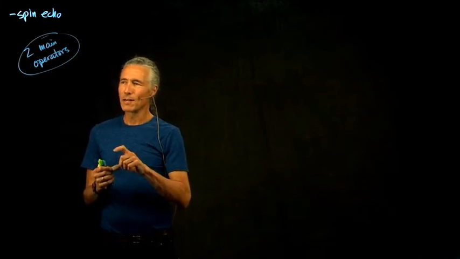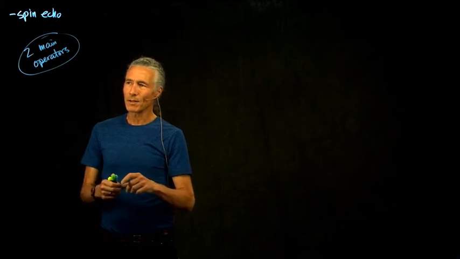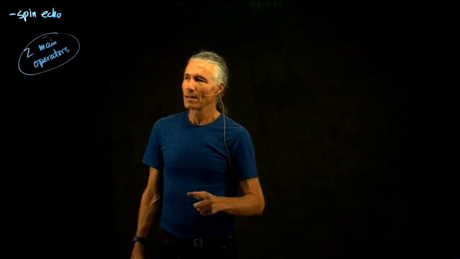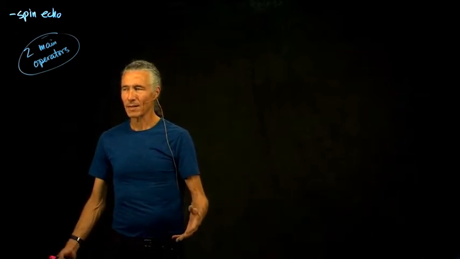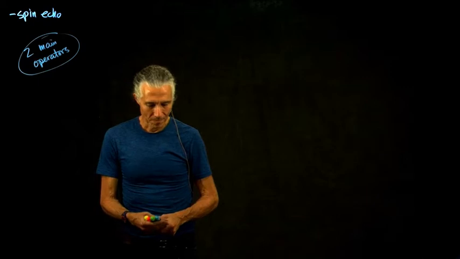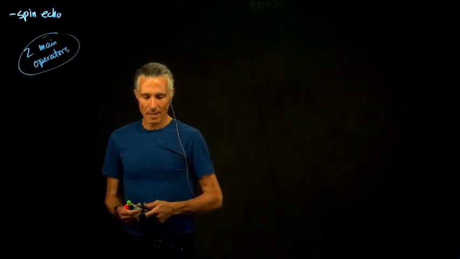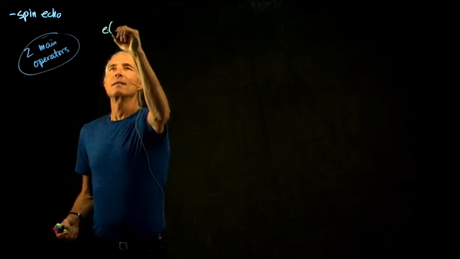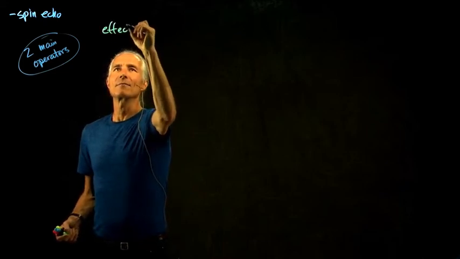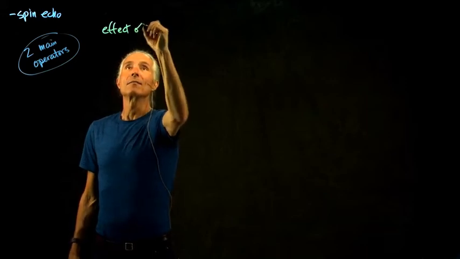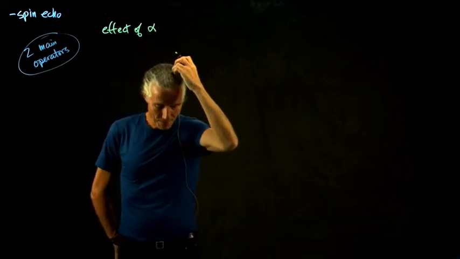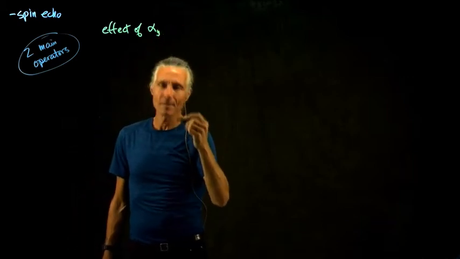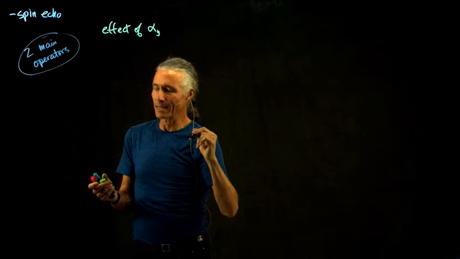When you solve them, they tell you how to start with some M vector and turn it into another M vector after a certain amount of time. The first main operator is the effect of some arbitrary pulse. We'll say it's around the y-axis, because we can do it around the x-axis too. I'll just give a y-axis example.